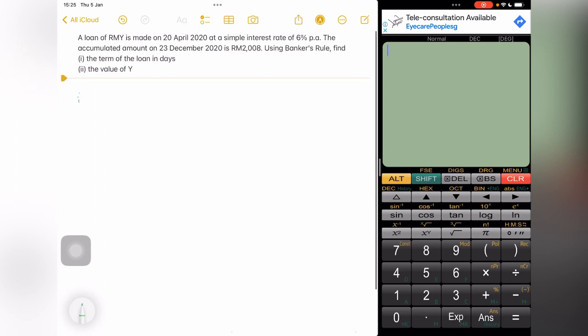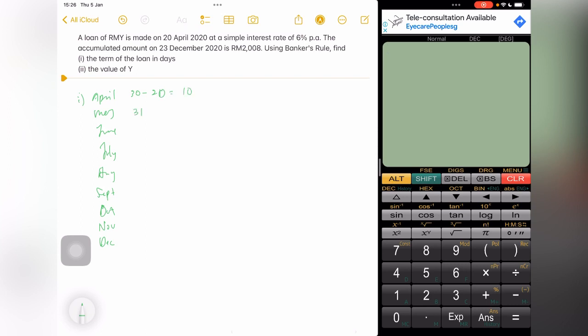In order to know that, remember we are using the bankers rule, so we have to know the exact number of days of each month. So, April, May, June, July, August, September, October, November, and December. In April, there are 30 days reduced by 20, so the answer is 10.